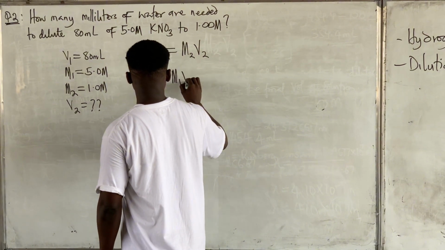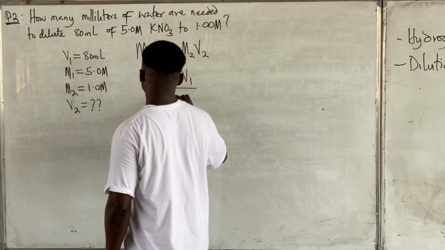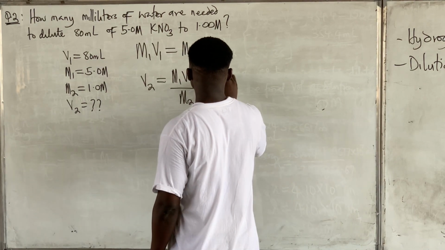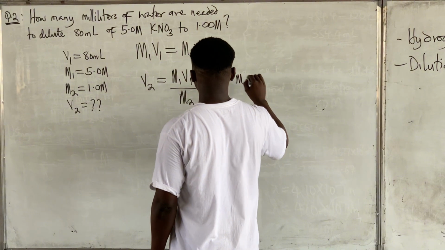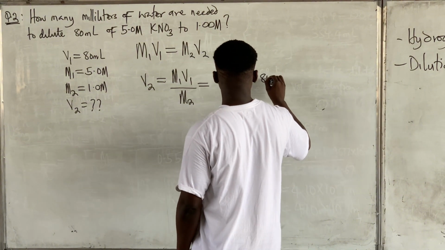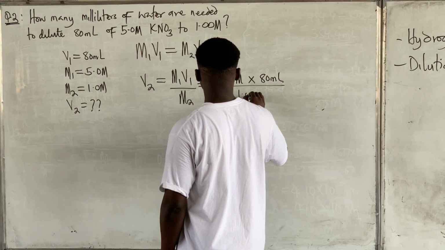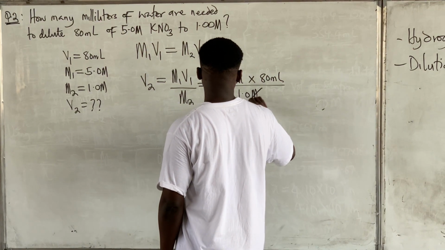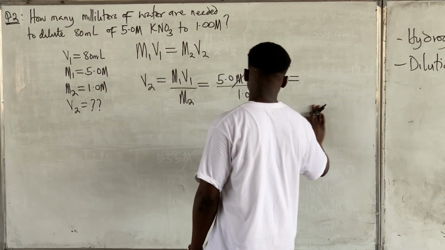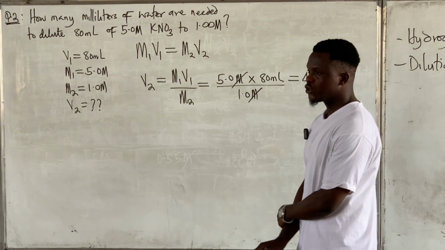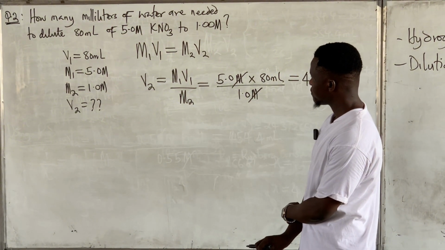This becomes M1 V1 all over M2. So what is our M1? What is V1? M2 is what? This cancels this. And what is the answer here? 400 ml. This is the final volume.